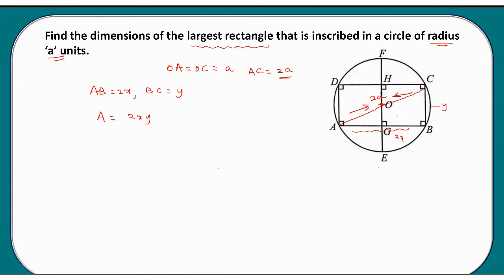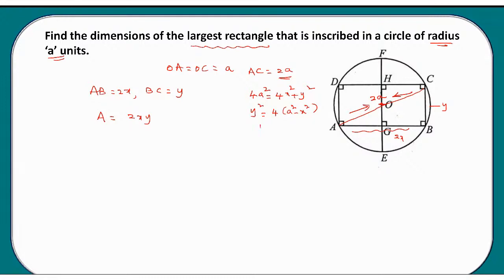So when you apply the Pythagoras theorem, 4a square is equal to 4x square plus y square. So from this equation, you can find y square is equal to 4 times a square minus x square. Isn't it?